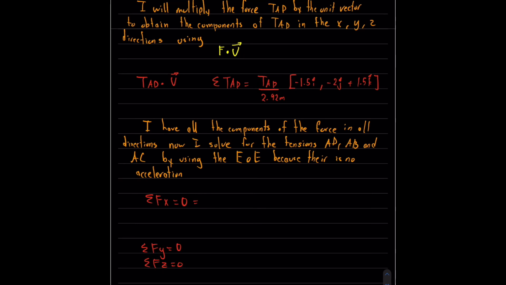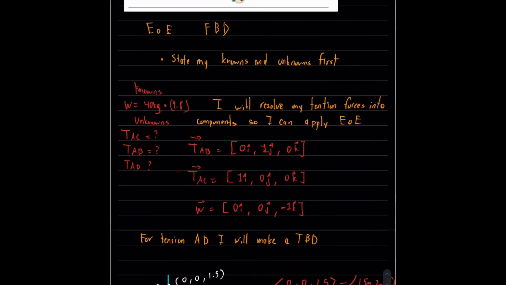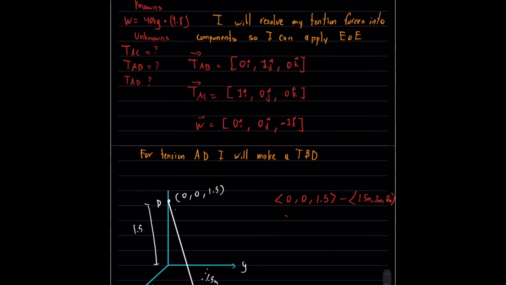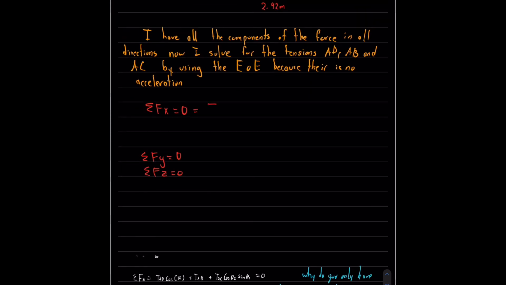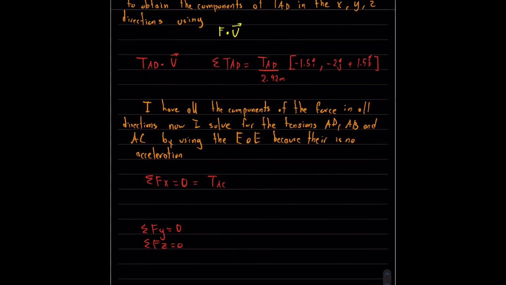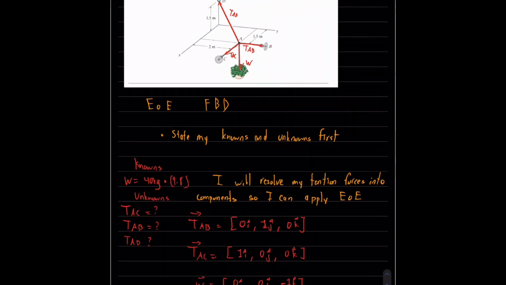From the previous answer we got tension AC only exists in the X direction. So tension AC, and it's in the positive X direction, by the way.